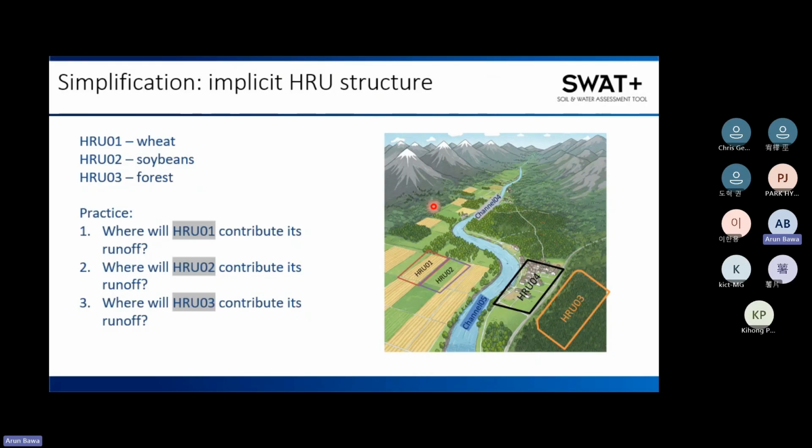For example, HRU1 would be talking directly to the stream. Whatever response is generated here would directly contribute to the in-stream, and HRU2 would also contribute to the stream. It is not that HRU1 contributes to HRU2 and then goes to the stream.